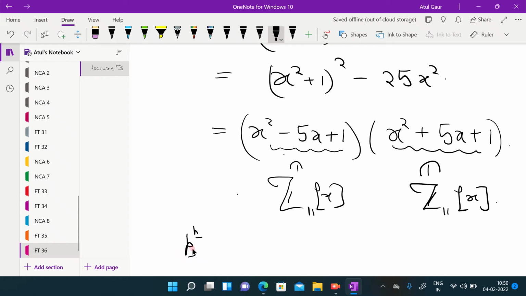For any prime p and any natural number n of your choice, there is exactly one field of p^n elements up to isomorphism. That means any two fields of p^n elements are isomorphic to each other. That's what we will see in the next section.